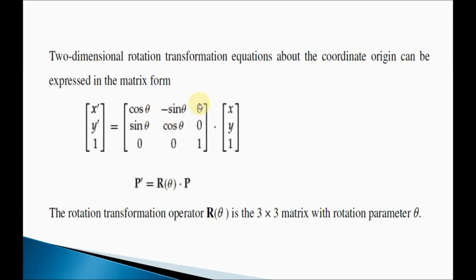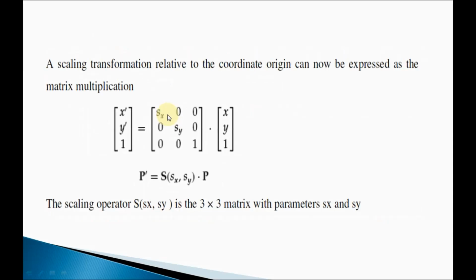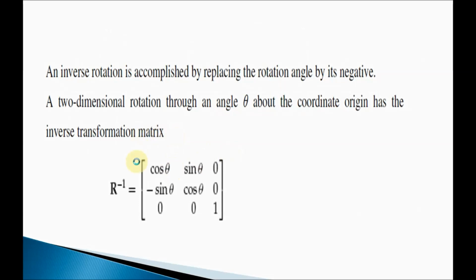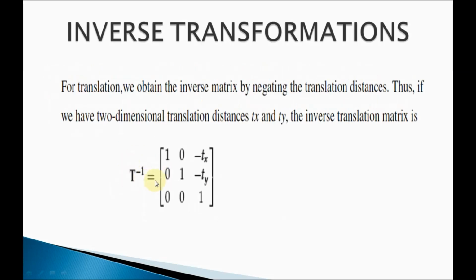Cos theta, minus sin theta was there in the counterclockwise, that is anti-clockwise, default matrix. But here you can see cos theta, sin theta, the negative sign is moved, reversed. That is, this matrix is for clockwise direction. The earlier one was for anti-clockwise. R inverse. This is T inverse.